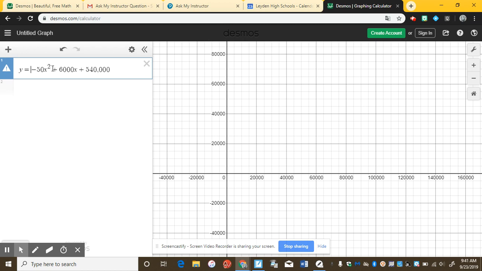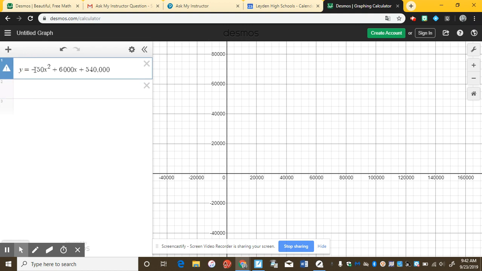We'll say y equals negative 50x squared plus 6,000x plus 540,000. Well, hold on.